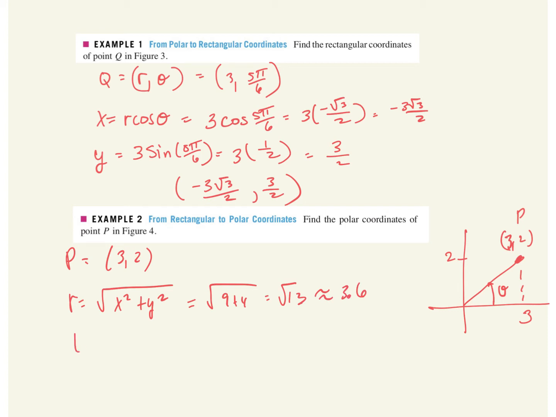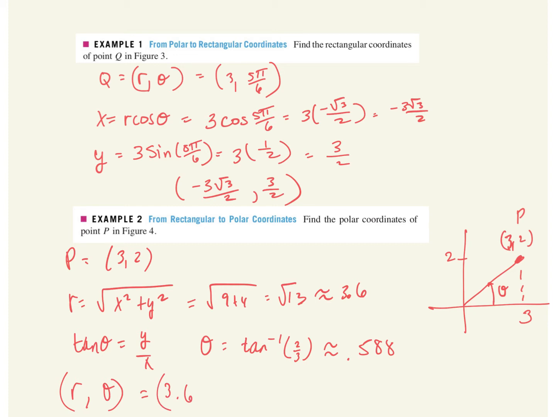And tan theta equals y over x, which is 2 over 3, or we could say theta equals tan inverse of 2 over 3, which is 0.588. So our r comma theta now in polar is 3.6 comma 0.588.